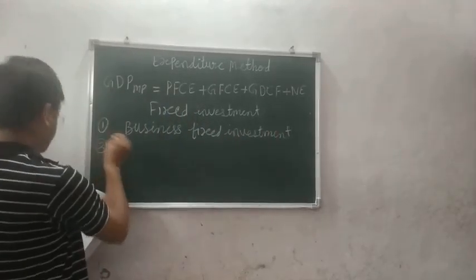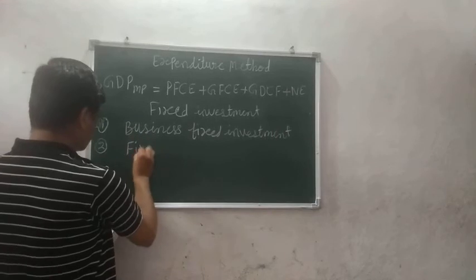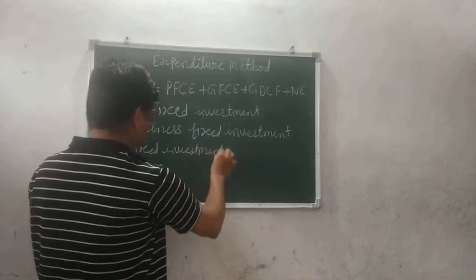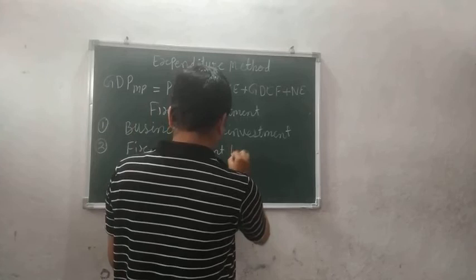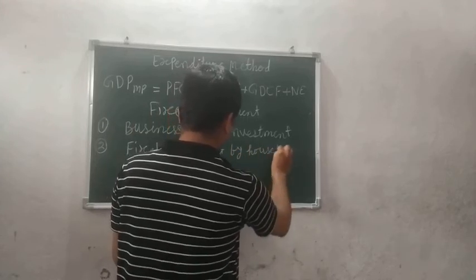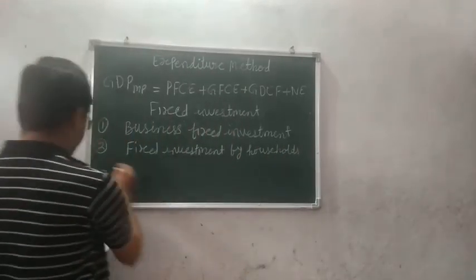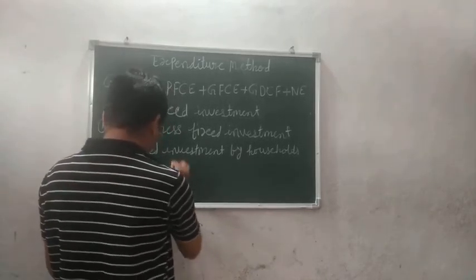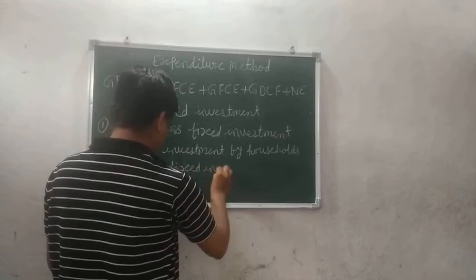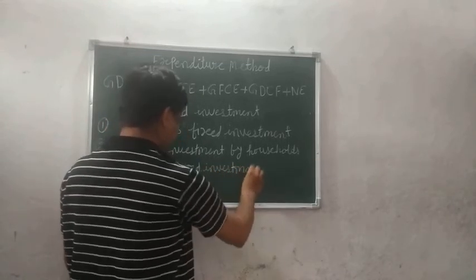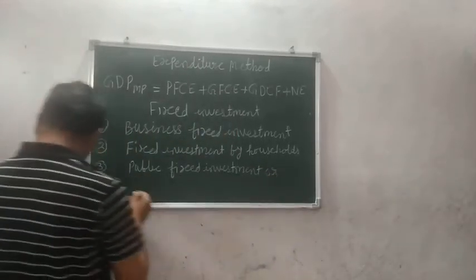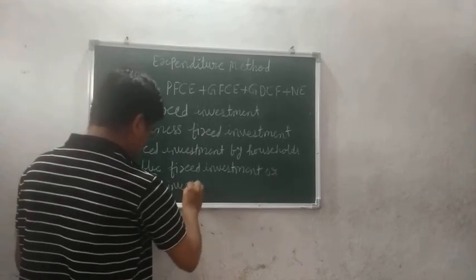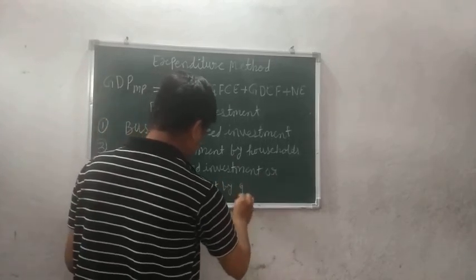Second one is fixed investment by households, and third one is public fixed investment or fixed investment by government.